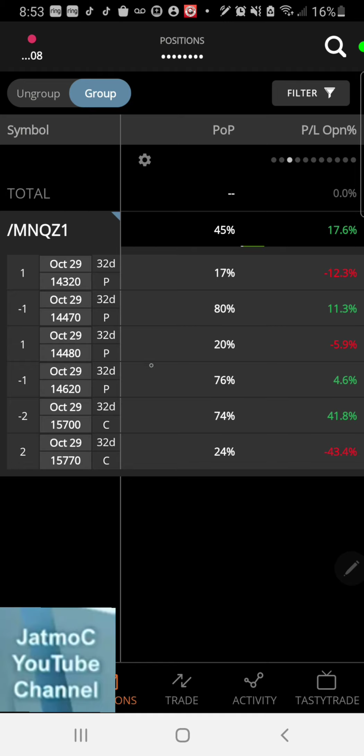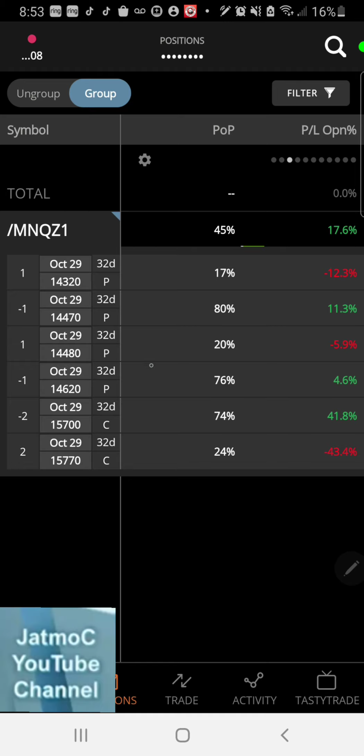And this is the only thing I wanted to show you. It's possible to have trades that are on opposite sides of the market. This 14,620 put was put on at the same time as this 14,480. So this here and this here, these are both bullish trades essentially, but these are sell to open, so you make money with each passing date.